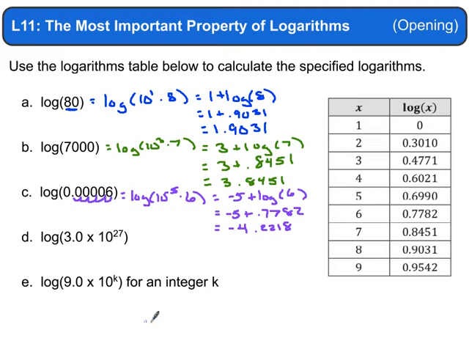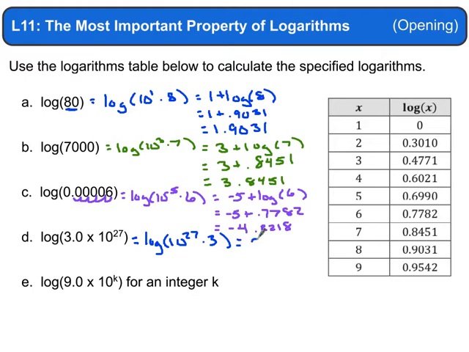Letter D is already set up, per se. It's already 10 to the 27th times 3, but if we just want to rewrite the order, it would be 10 to the 27th and then times 3.